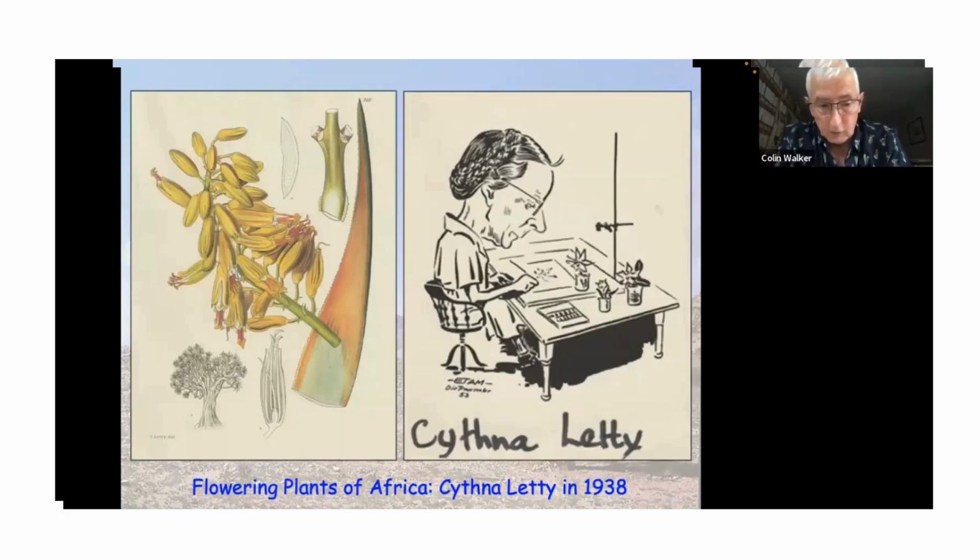Still in South Africa, a publication called Flowering Plants of Africa, very similar in format to Curtis's Botanical Magazine. This was established in 1921. Similar format, coloured plates with accompanying text, but this focuses just on African plants. It was first called Flowering Plants of South Africa, then it changed its name to Flowering Plants of Africa.